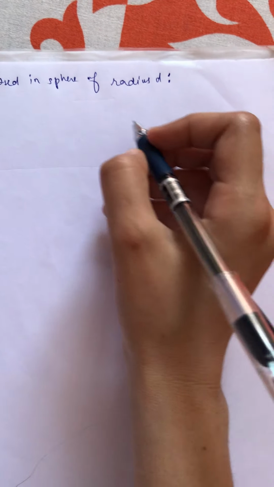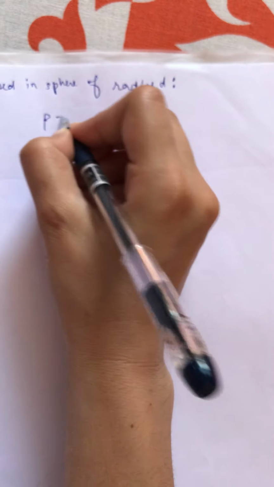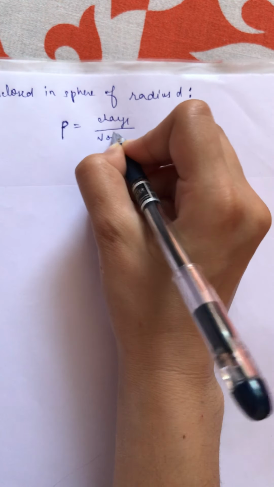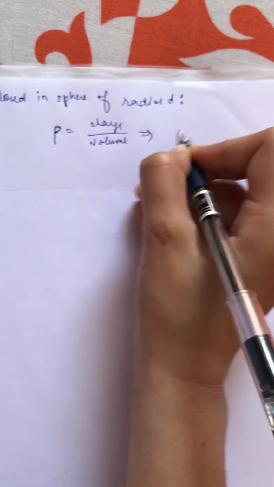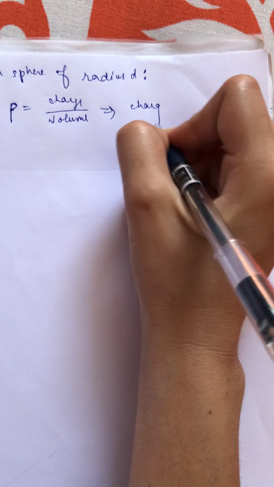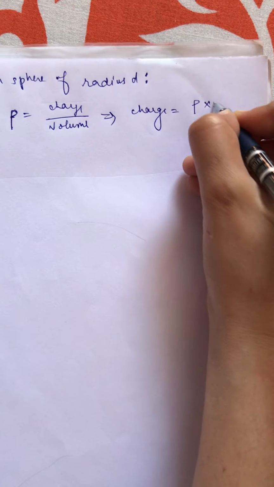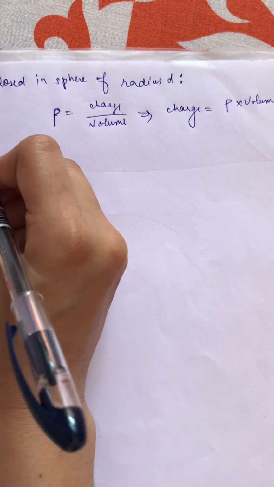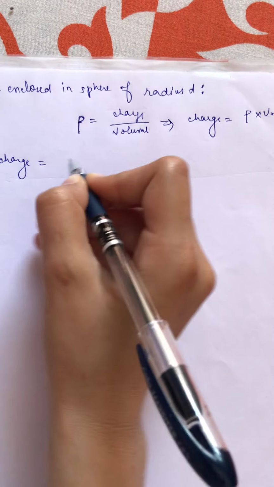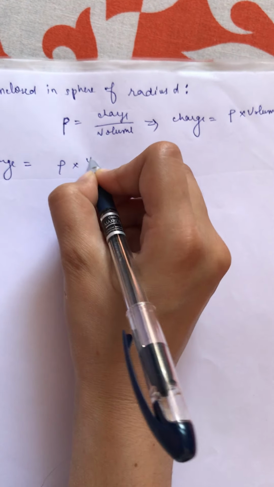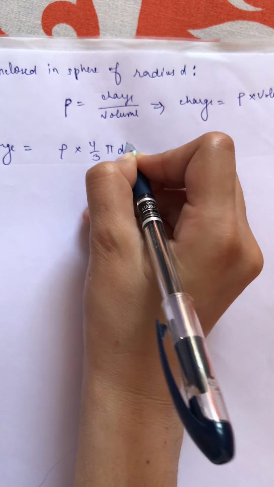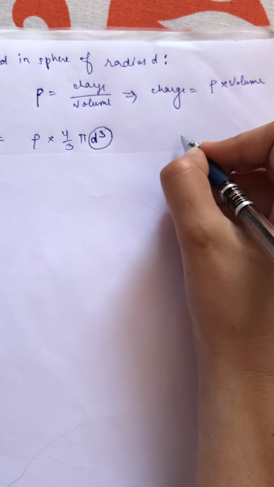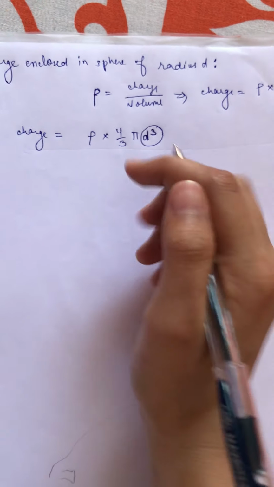Since the charge density is given by charge upon volume, we get the charge equal to rho into volume. Therefore the charge enclosed will be rho into 4/3 pi d cube. Here d cube is due to the sphere of radius d.